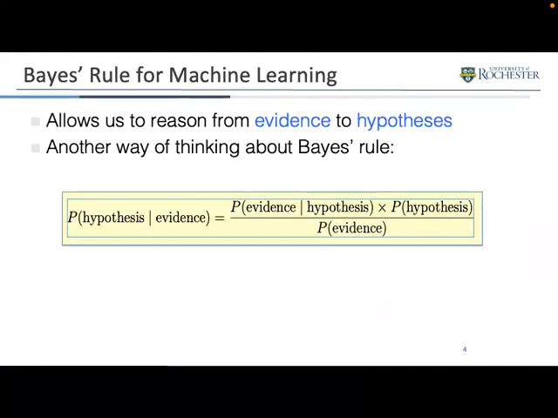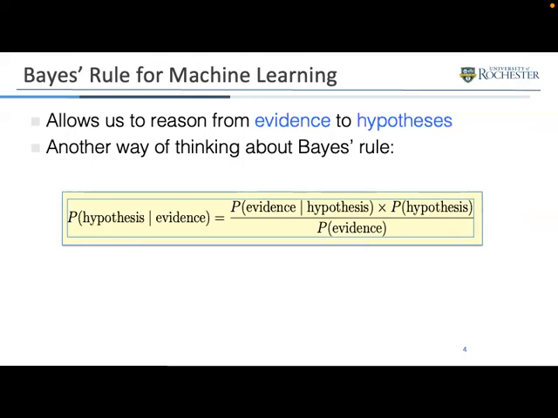The probability of the hypothesis given the evidence equals the probability of the evidence conditioned on the hypothesis times the probability of the hypothesis, divided by the total probability of the evidence. If we are running a machine learning model, the evidence is the training data, and the hypothesis is the final estimation we want to arrive at.